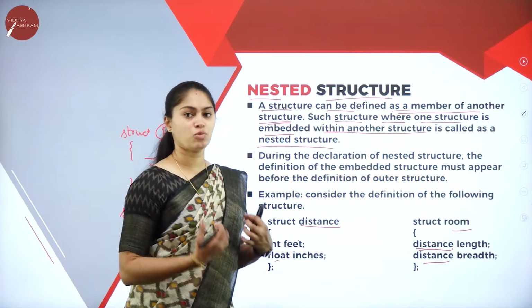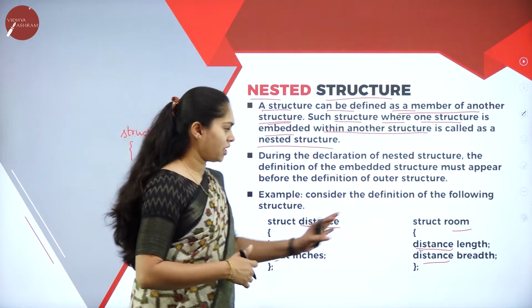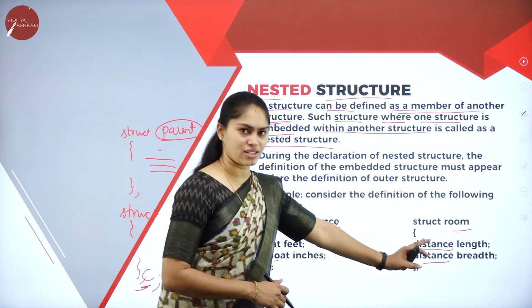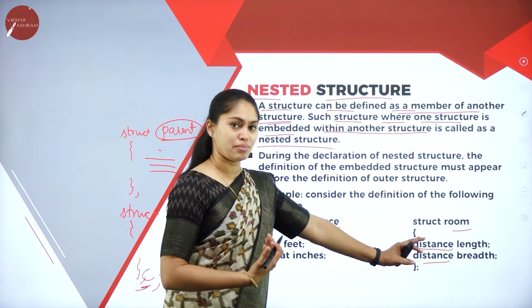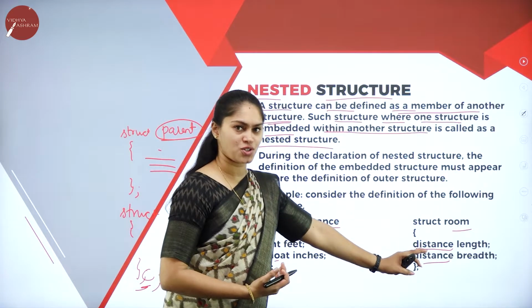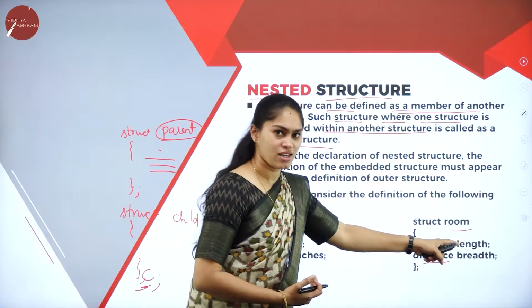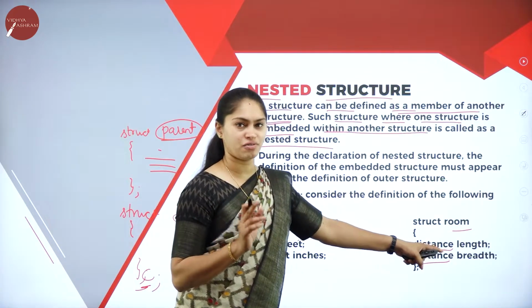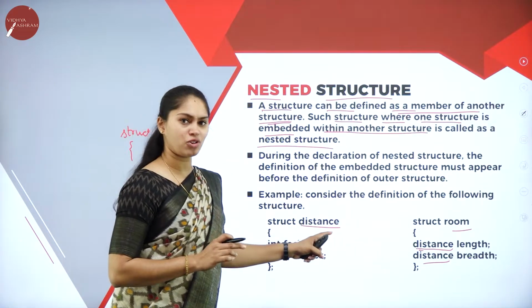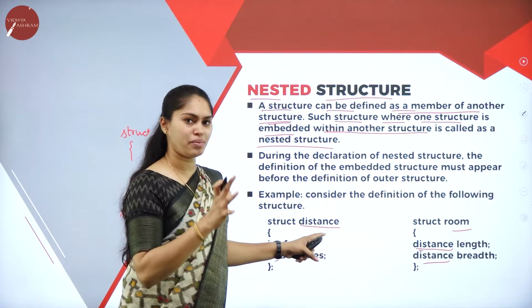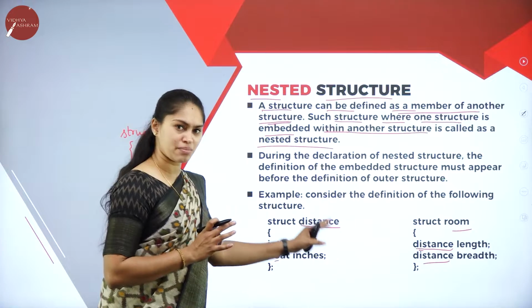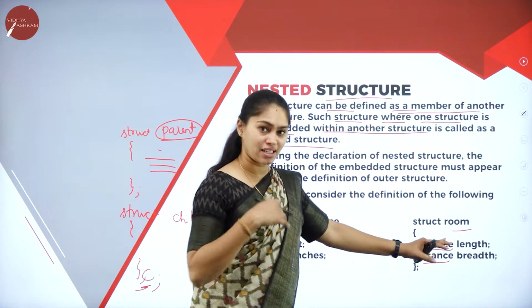If I am copying the content of one structure into another, or using a member of one structure in another, then the structure I am taking it from needs to be defined first. That is the reason. First I have to define distance, so this will be the outer structure, and from here I take its member as a member of this inner structure.